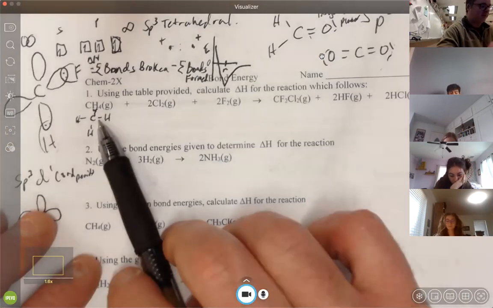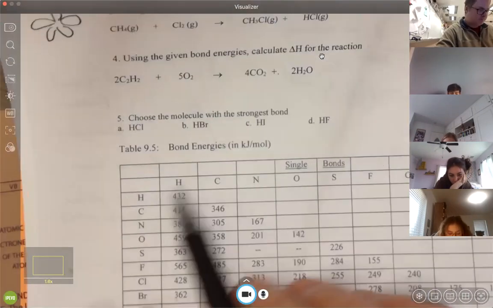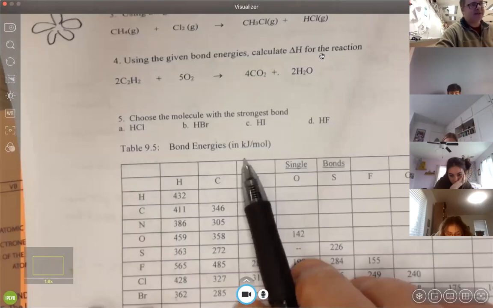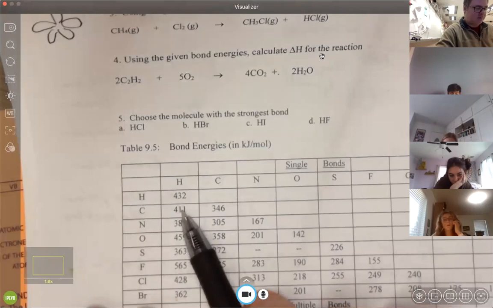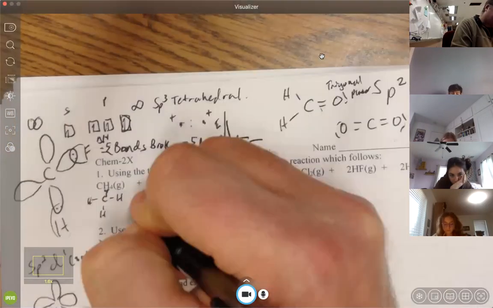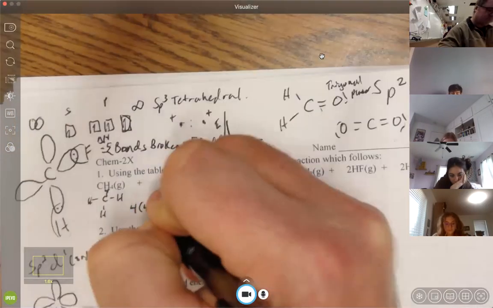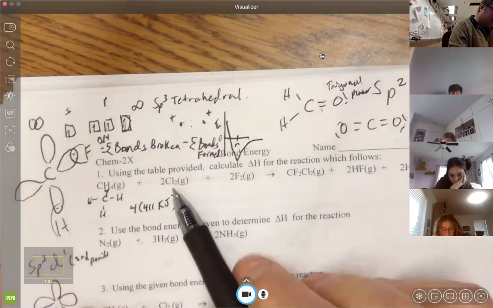1, 2, 3, 4. So then I have this group of bond energies in kilojoules per mole. I have 4 C-H bonds, and they have bond energies of 411. So I need to put that energy in to break those. So 4 times 411 kilojoules. Cl2.